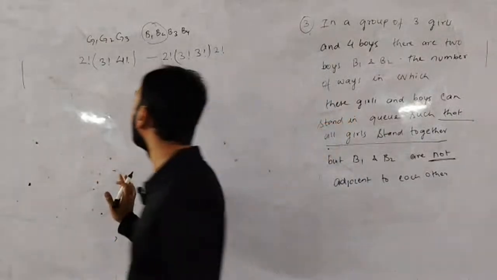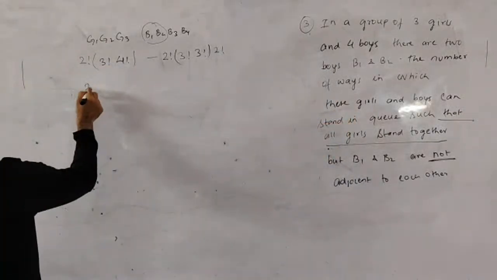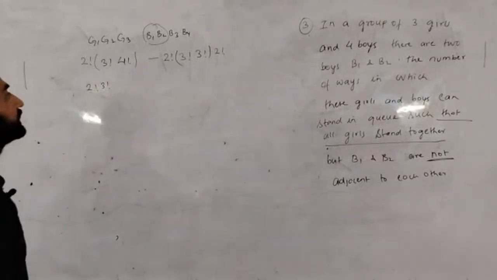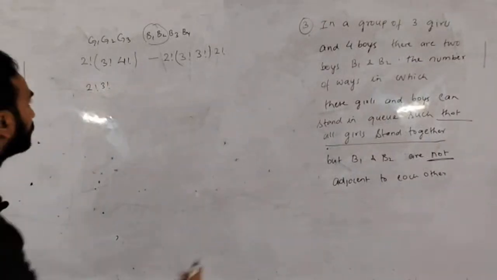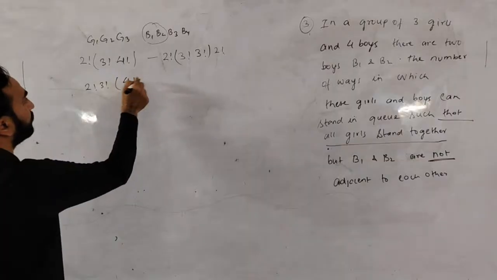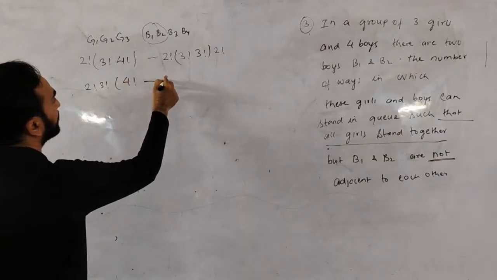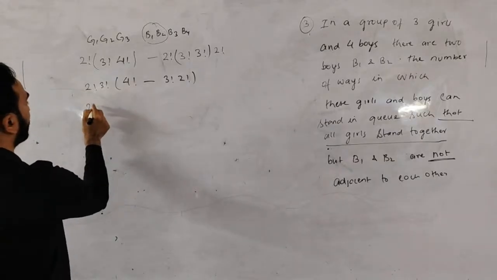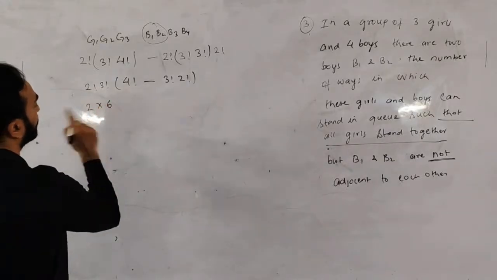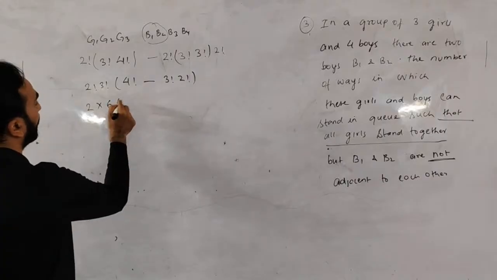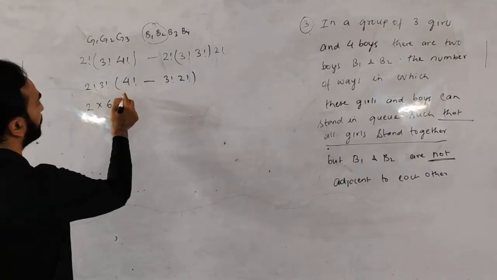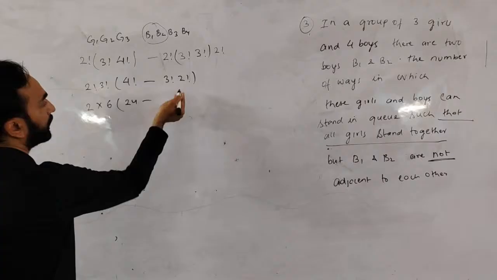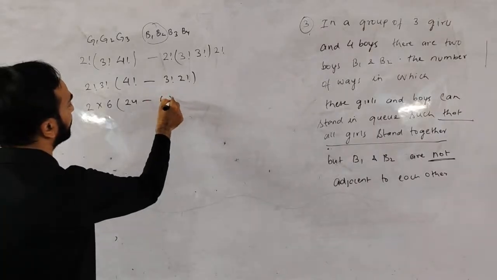Okay, so in the calculation we can take common 2 factorial and 3 factorial. Any other thing we can take common? No. Okay, so here I will be left with 4 factorial minus 3 factorial into 2 factorial, right? What is 2 factorial? 2 factorial is nothing but 2, 3 factorial is 6, and 4 factorial is 24 minus 6 into 2, right?